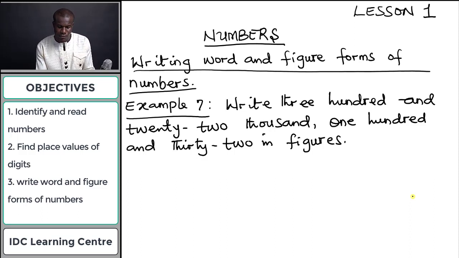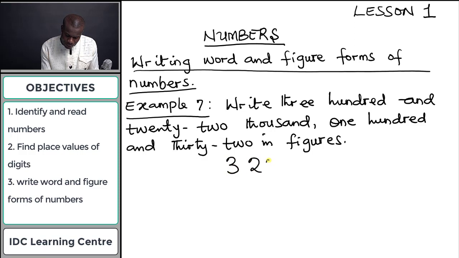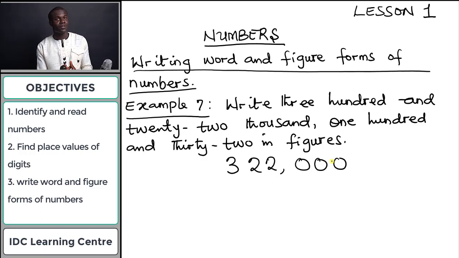Let's look at the first instruction. Write 322,000. How do you write 322,000? Let's do this together. You have to write 322,000. Of course, 1,000 has to do with 6 digits. Now, once you're done with that, you go to the next instruction.